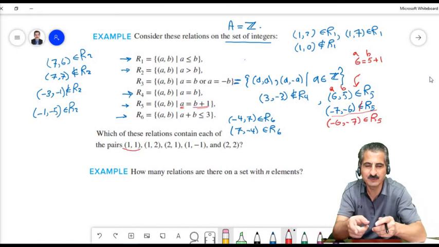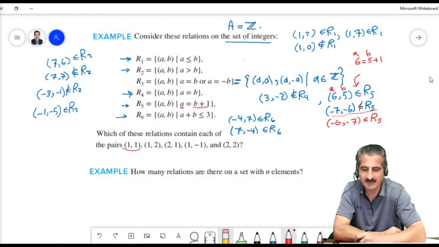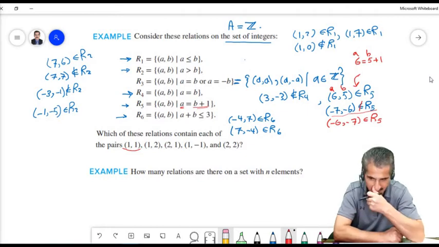We got an ordered pair in R5, but if we change the place of coordinates, we get a new ordered pair which does not belong to R5, and we will need that to define relations that are symmetric or not symmetric.